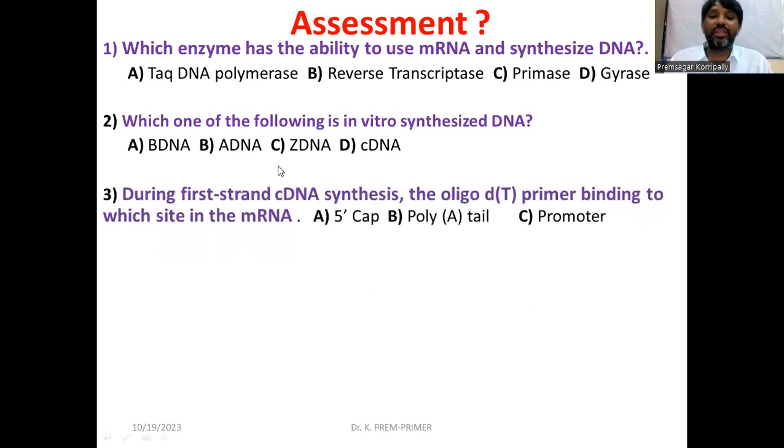During the first strand cDNA synthesis, the oligo-dT primer binds to which site in the mRNA? During the mRNA to cDNA conversion, you incubate the mRNA with the oligo-dT primers and dNTPs and reverse transcriptase. So the initiation of the synthesis all begins when the oligo-dT primer is bound with some part of mRNA. What is that?